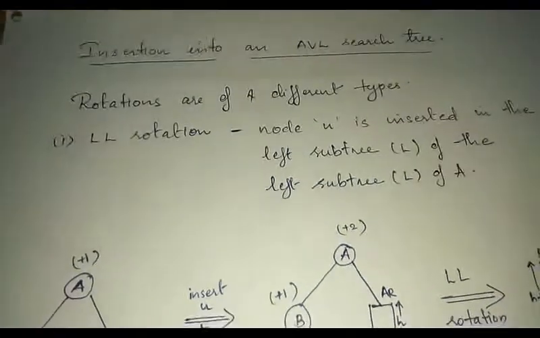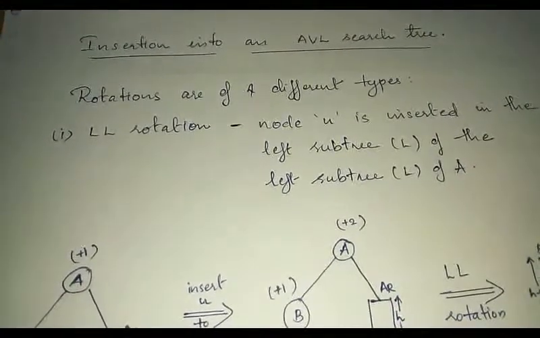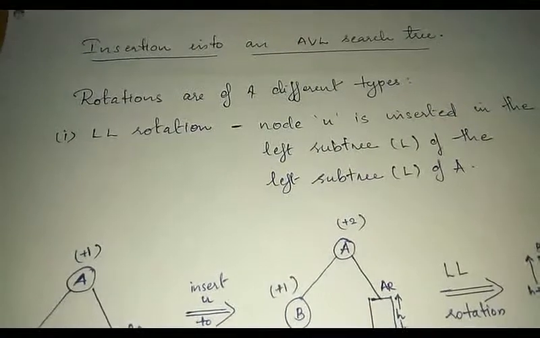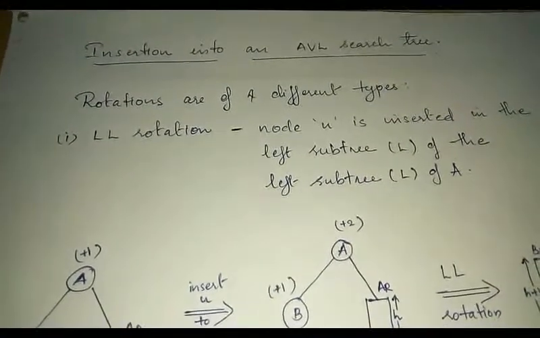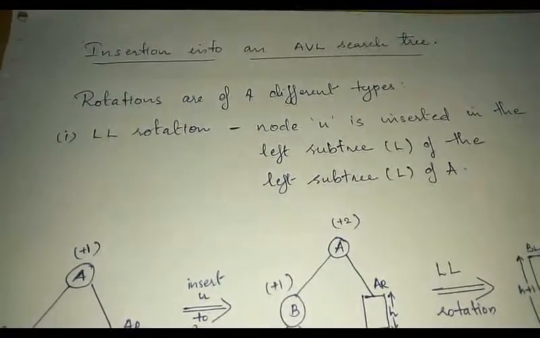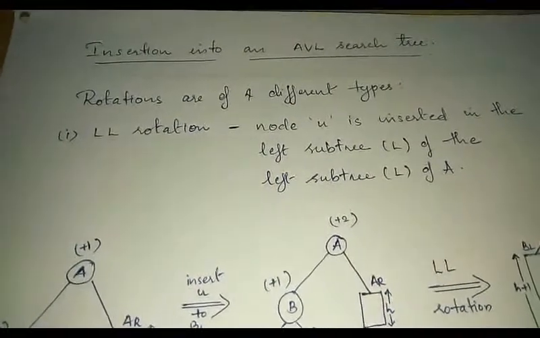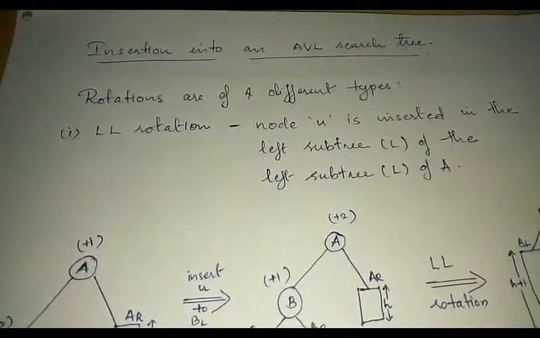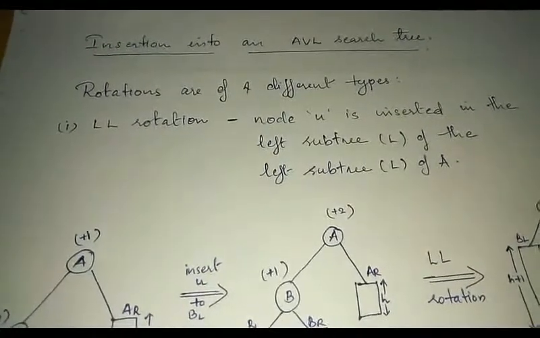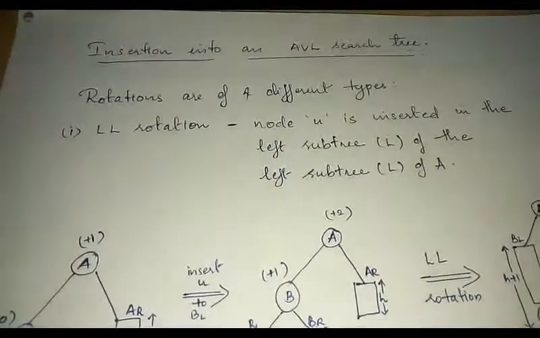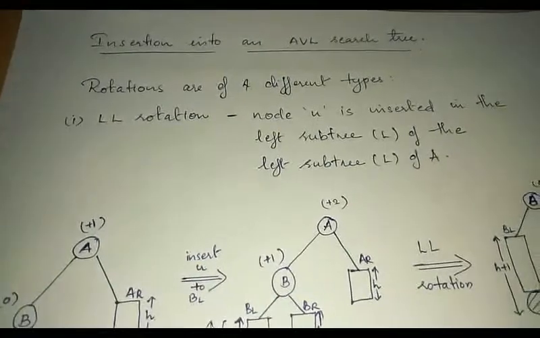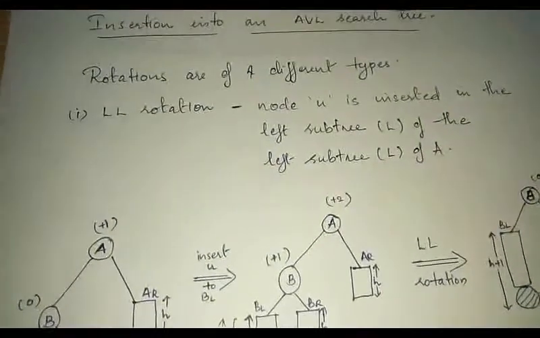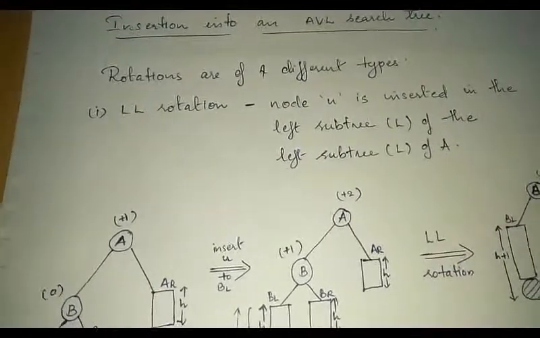Now let's see how insertion is performed in an AVL search tree. If after insertion the balancing factor of any of the nodes turns out to be anything other than the values 0, 1 or -1, then the tree is said to be unbalanced. So we have to balance it by performing rotations.